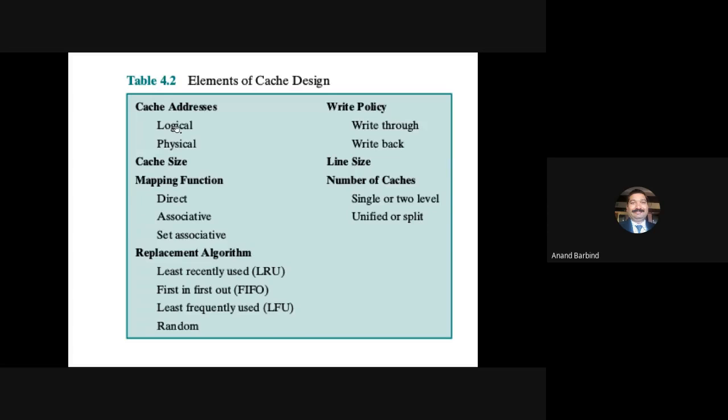If it is present, then immediately that particular content is read. So a kind of logical address is being used in the cache. This logical address also helps in implementing the virtual memory, so we shall see what that virtual memory is.